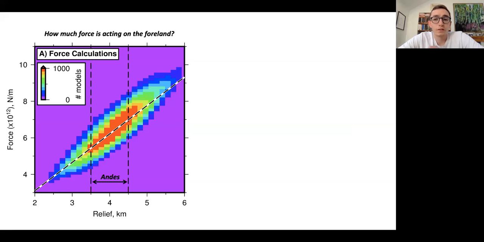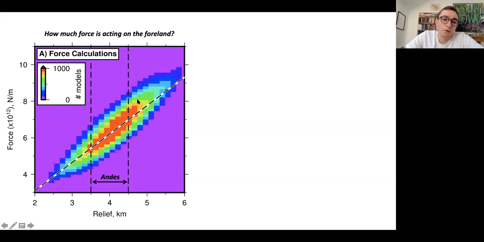So the first thing to do is to calculate the size of that buoyancy force. And this is just a plot showing you the result of a suite of these calculations. Essentially what we do is numerically integrate differences in the vertical normal stresses between the mountains and the fallens, and perturb the temperature structure, the crustal structure, the lithospheric mantle structure, the amount of chemical depletion in the lithospheric mantle, and the thermal expansivity of the rocks, all of which change the density structure in these areas, and therefore would affect the size of the buoyancy force.